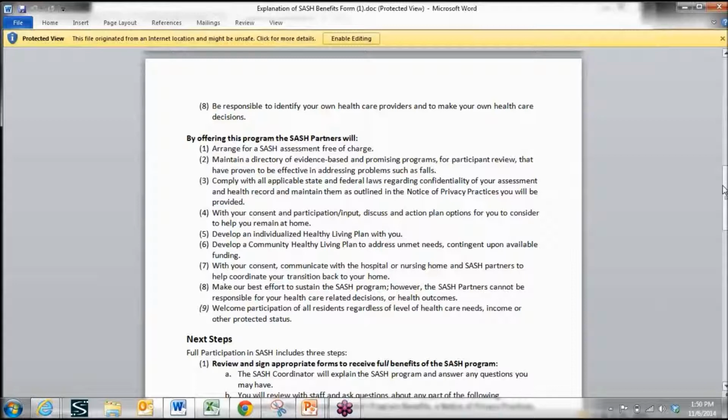And again, the SASH partners are those organizations that were listed at the top. So it's the housing organization, the area agency on aging, the home health. And I feel like it's really important right from the beginning to make sure your participants understand that this is a partnership program. Those organizations, they may very well know quite well.